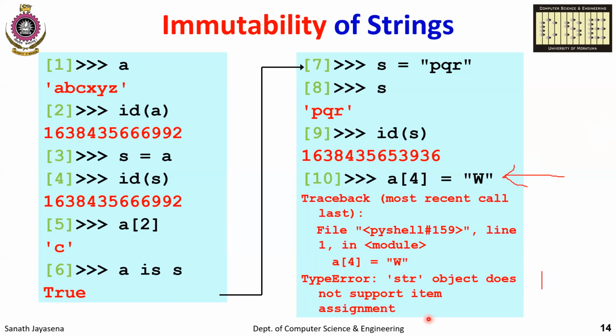This is another way of saying that strings are immutable. In a string object, you are not allowed to assign items like this. So it simply confirms that strings are immutable. I hope that clears it. All right, so that is the immutability of strings.